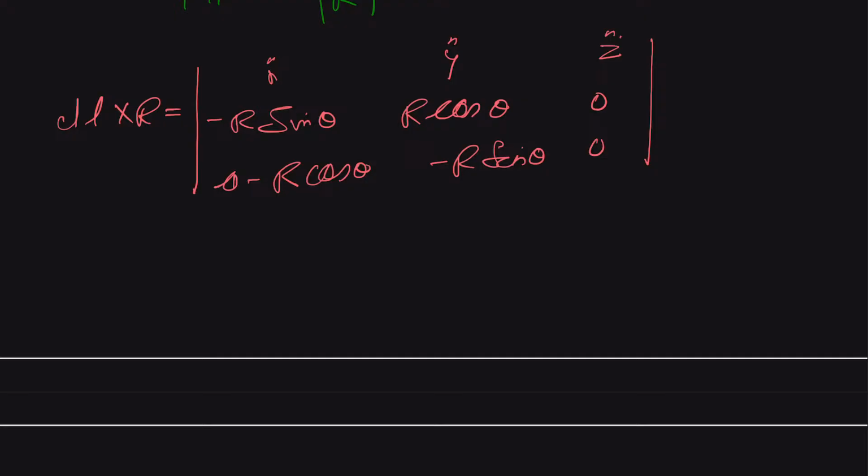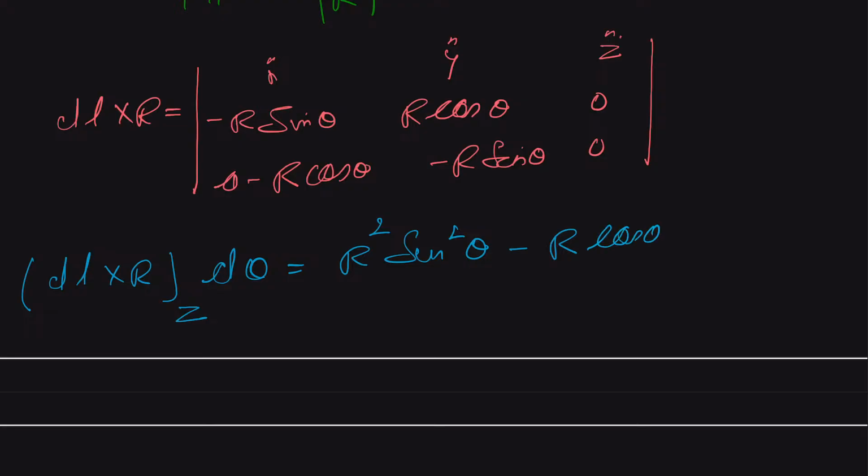So dl cross R, only the z component, d theta will be equal to, minus minus will be plus, R square sin square theta minus R cos theta times (A minus R cos theta) d theta.